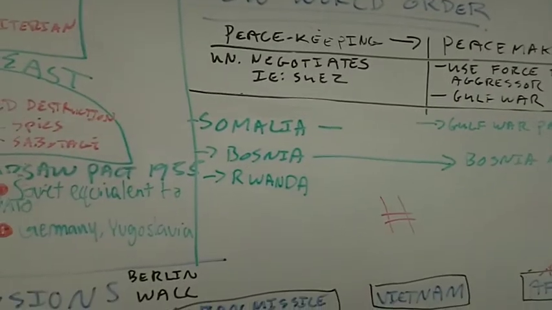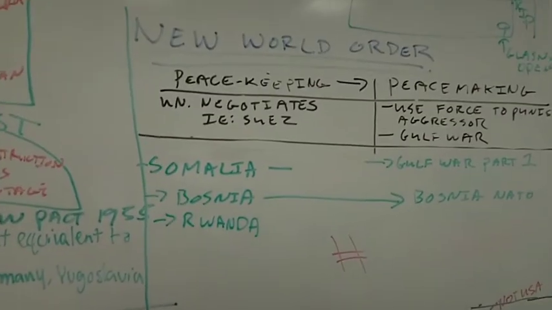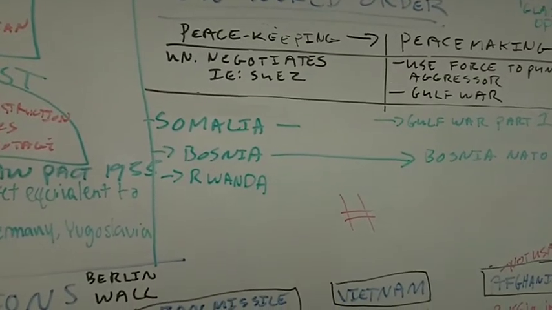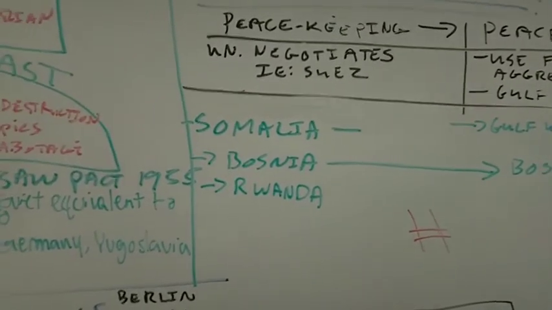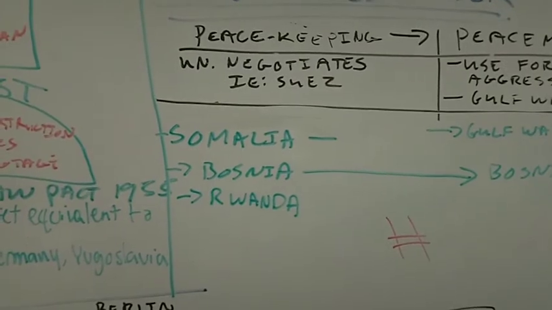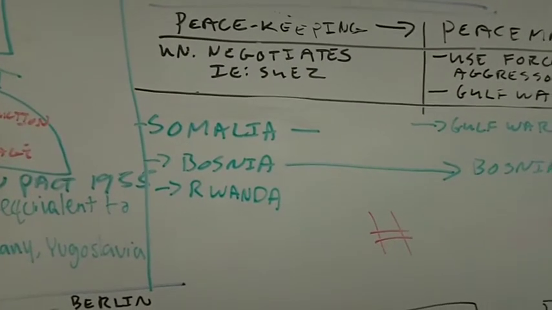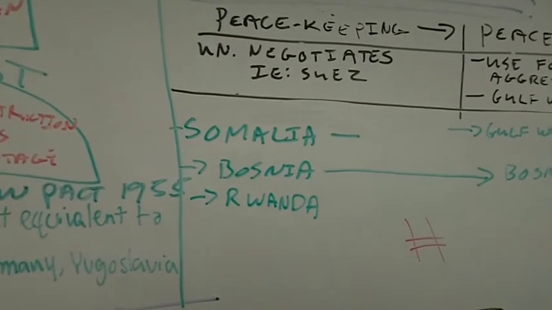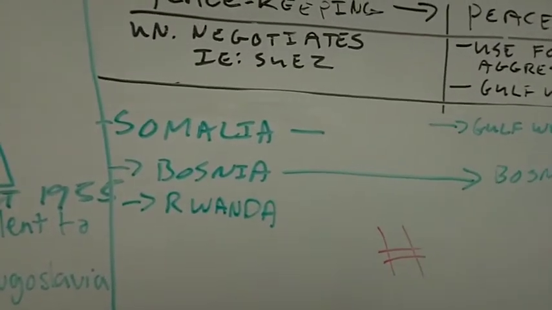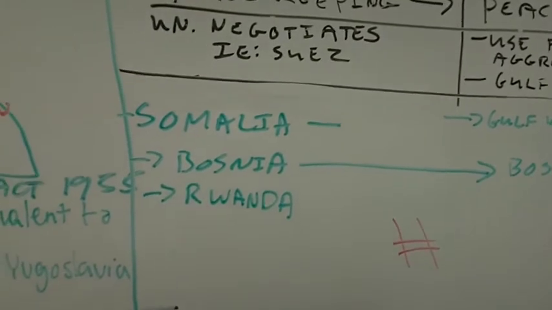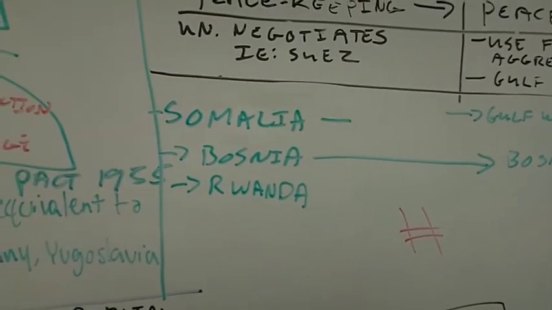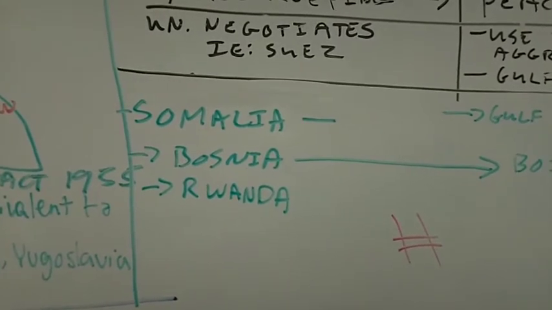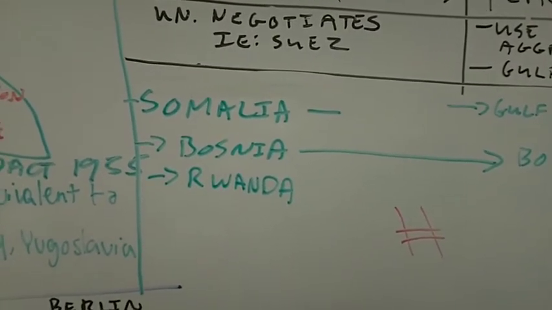So some examples of the failure of the UN, however, and peacekeeping are Somalia, Bosnia, and Rwanda. In Somalia, the Canadian Airborne Regiment tortured and killed a Somali teenager who was starving and took trophy shot pictures of it, and that really made Canada look bad on the world stage. Then there was Bosnia, a whole issue that we're going to deal with in just one second, and Rwanda, where over 1 million people were massacred in a very short time, and the UN basically stood by and was unable to do anything during this genocide.